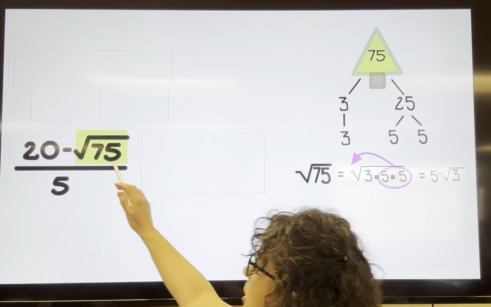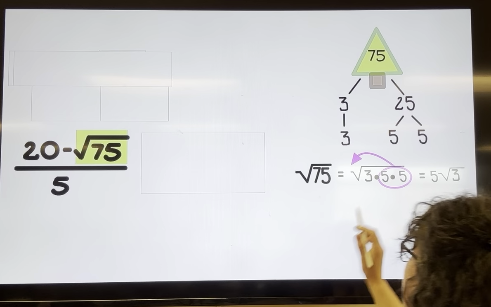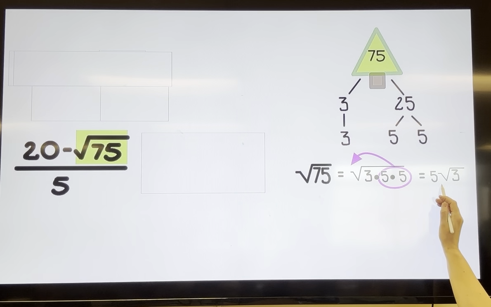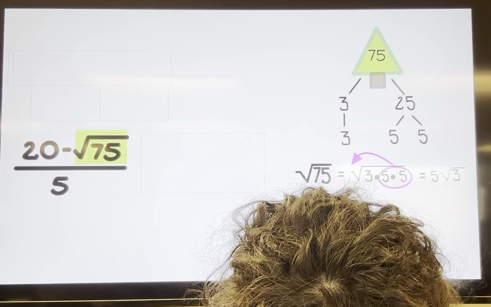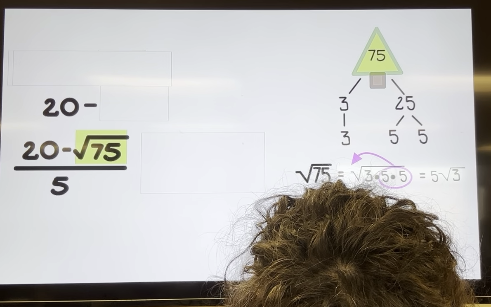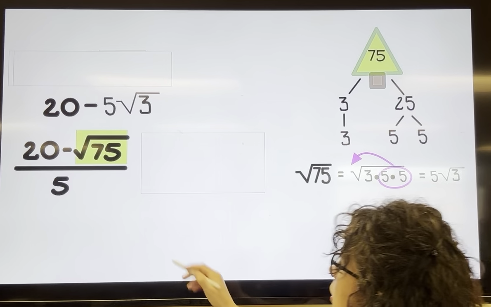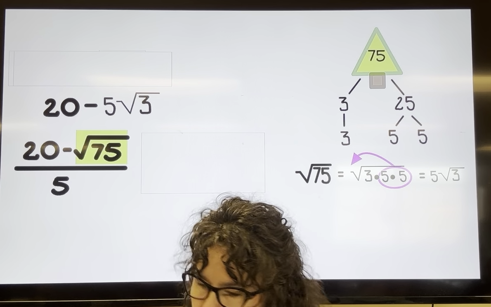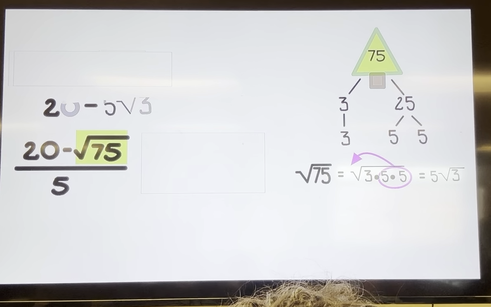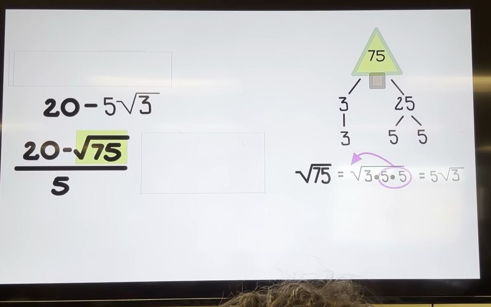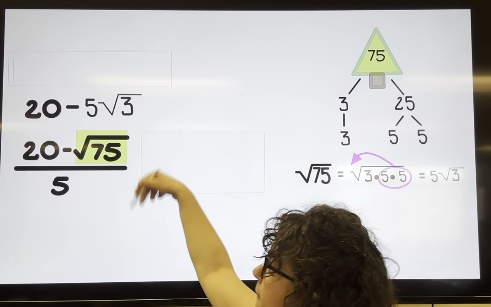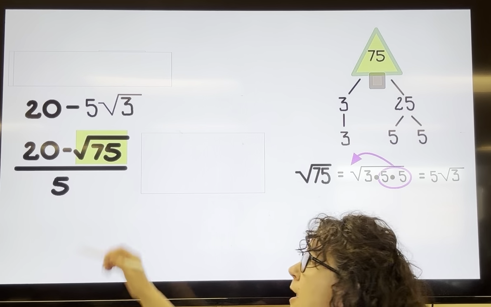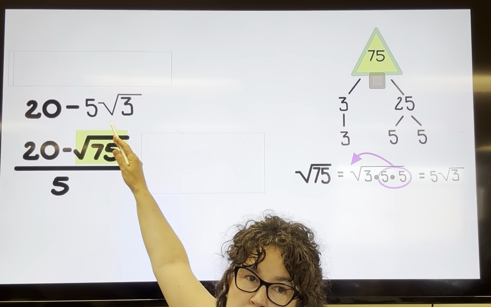So the next thing I'm going to do is turn this square root of 75 into 5 root 3, because that's the simplified version of 75. So I'm keeping the 20, but just turning that root 75 into 5 root 3. Okay, then the next thing I'm going to do, I'd like to simplify the fraction, and I need to turn this into a multiplication problem.